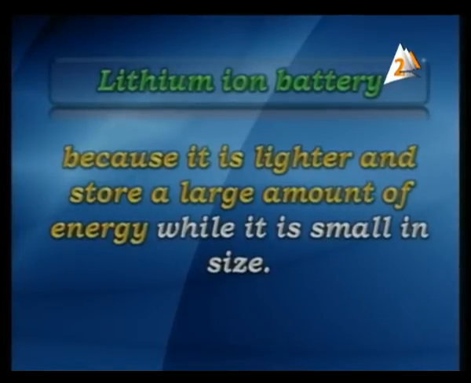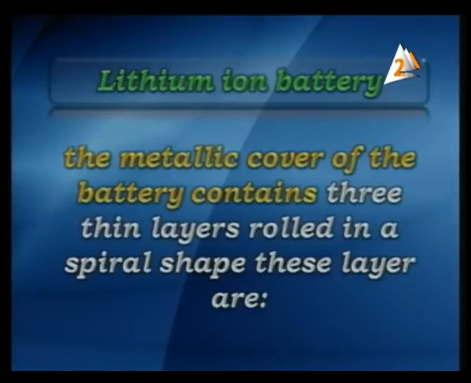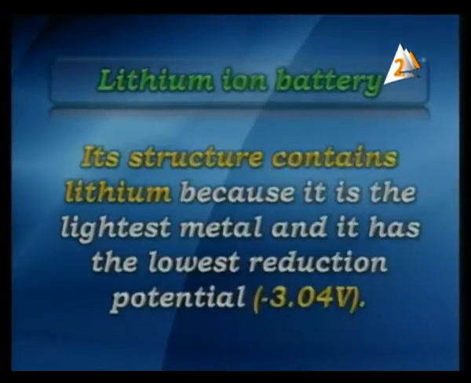It's a good battery. But this is not all. We also have the lithium ion battery, where the metallic cover of the battery contains 3 thin layers rolled in a spiral shape. The first layer is lithium, the structure contains lithium.